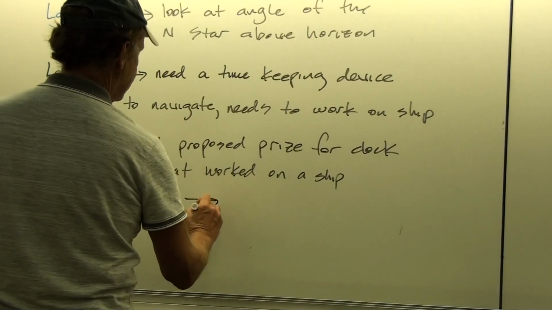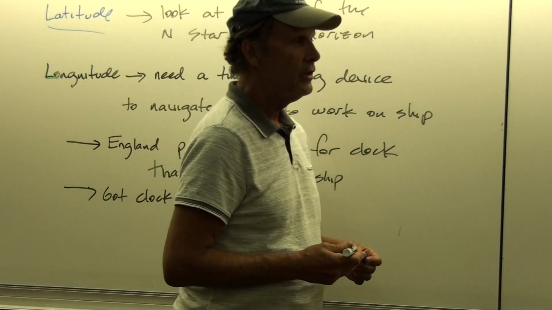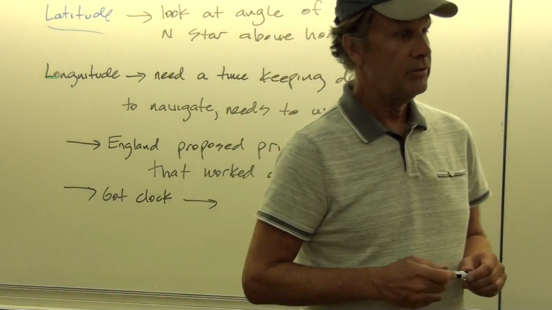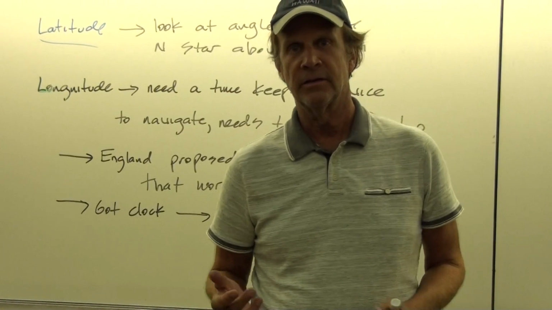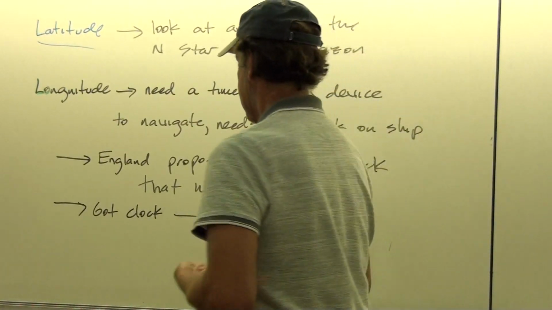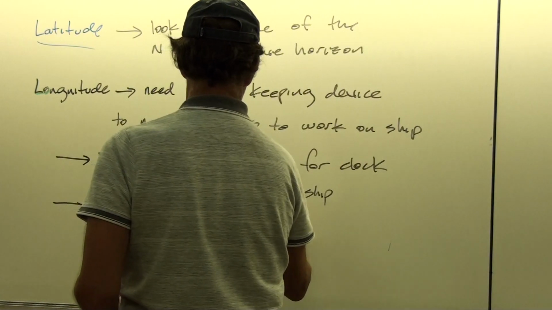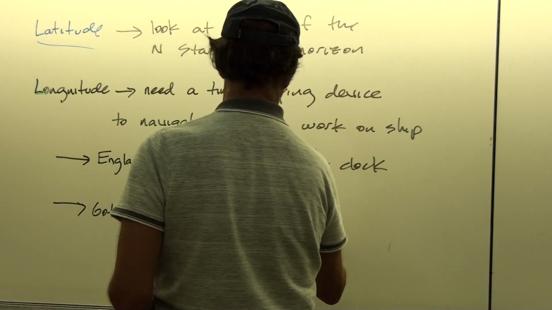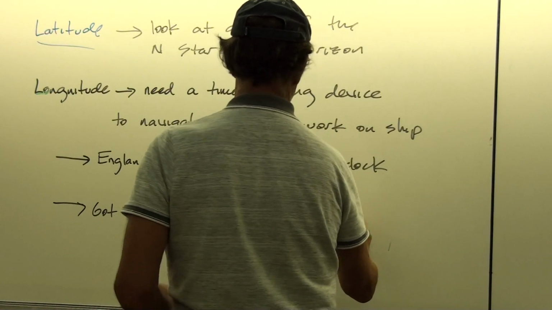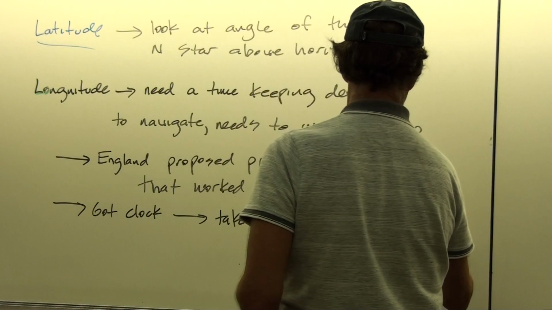So now, to get longitude, what you need to do is measure your time with respect to some standard event. Okay? And so let's say a standard event like sunrise.